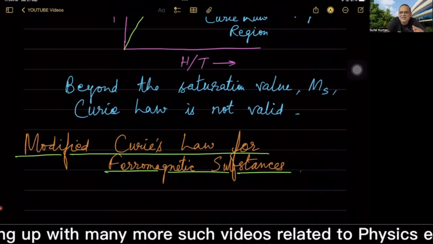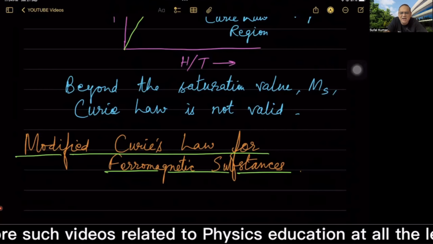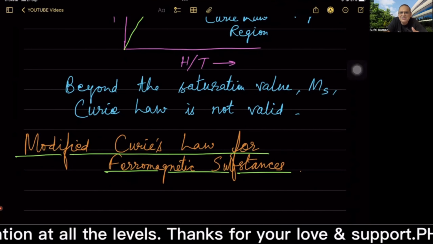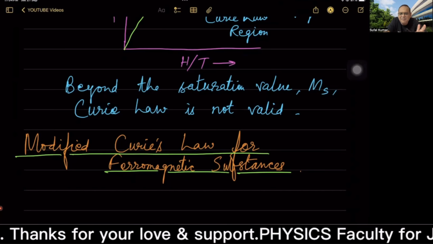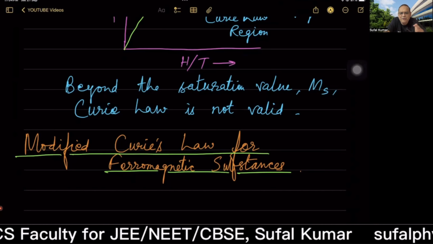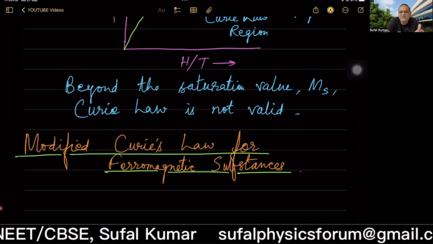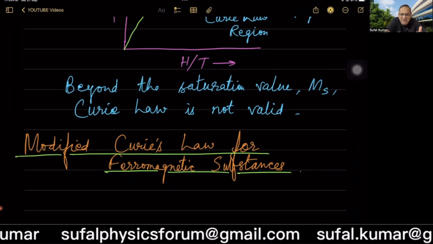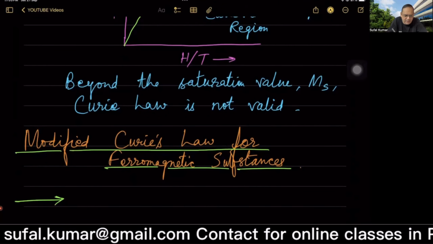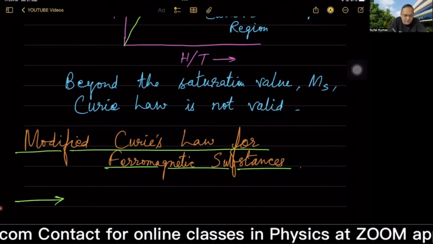Diamagnetic substances do not support magnetism, whereas paramagnetic substances support the external magnetic field in which they are kept, and ferromagnetic substances strongly support the external magnetic field in which they are kept. Now I want to refer to the Curie temperature or Curie point.